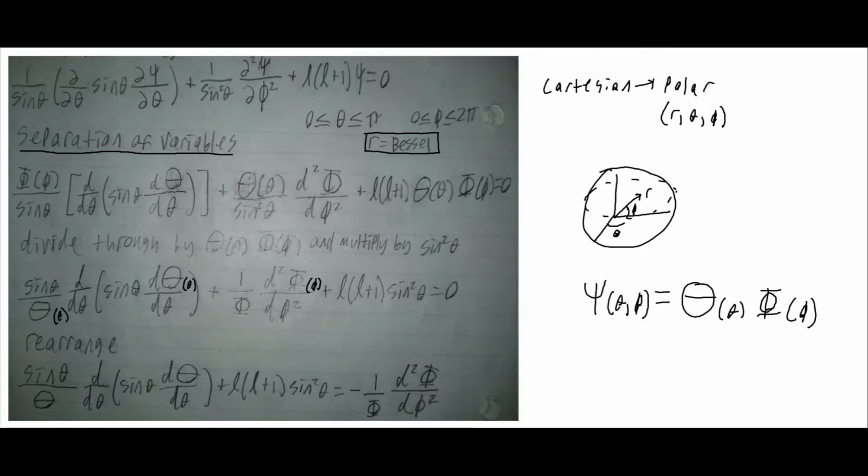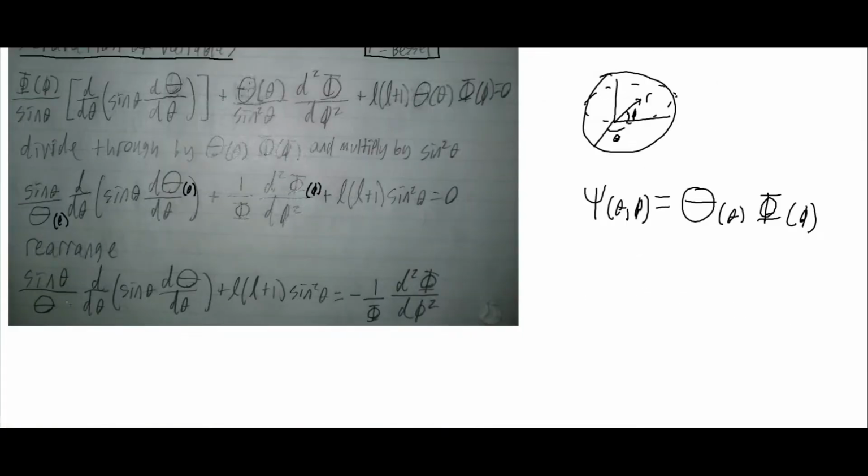So we have the thetas and phis separated, such that we can rearrange it with everything that has theta in it on one side of the equal sign and everything that has phi in it on the other. Because these are equal to each other and the thetas and the phis are independent, this can only be true if these are both equal to a constant.